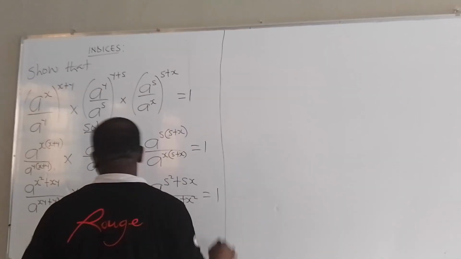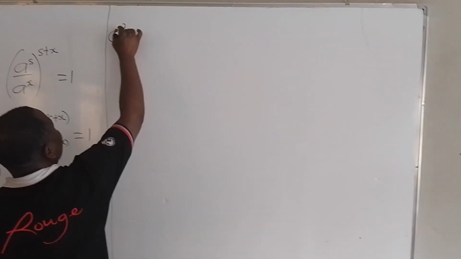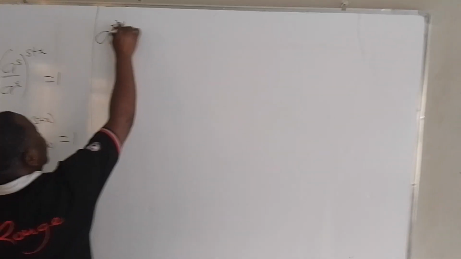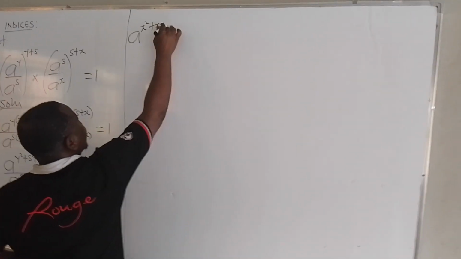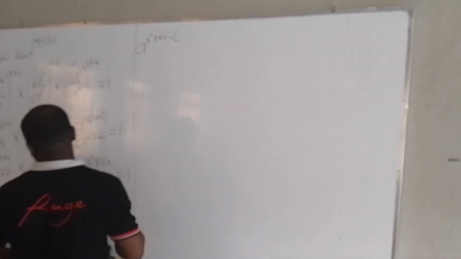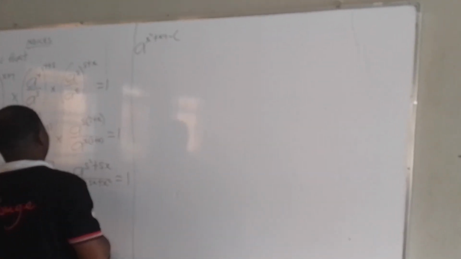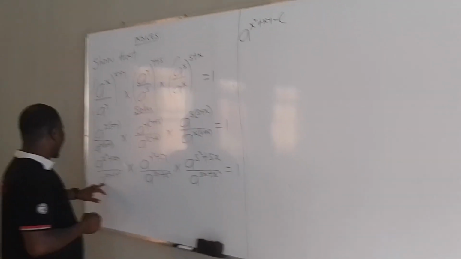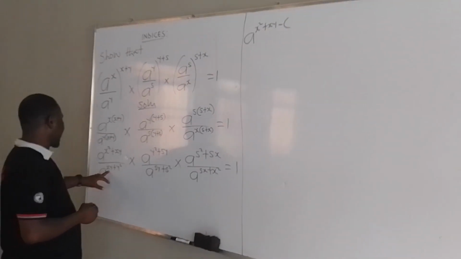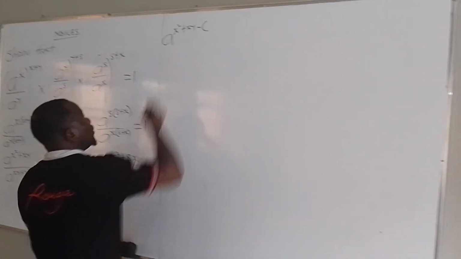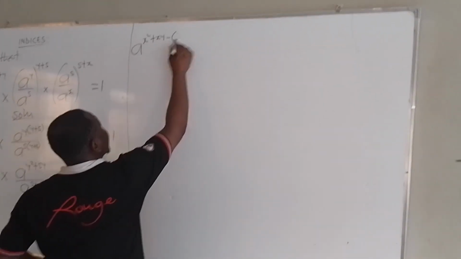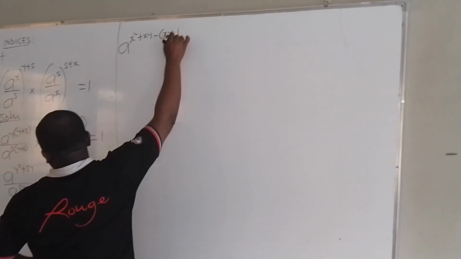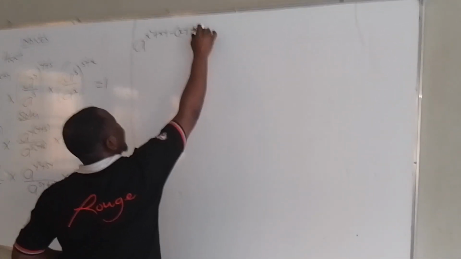Okay, together. So here will now be a raised to the power of x squared plus xy, minus, put brackets. Are you following? Try and put the brackets. Since we are applying laws of division, laws of indices, it means here will be minus. Is that clear? Minus xy plus y squared.